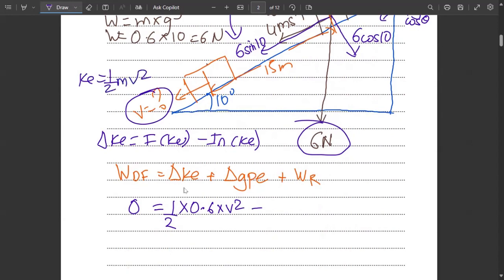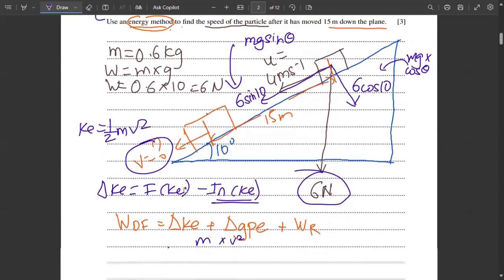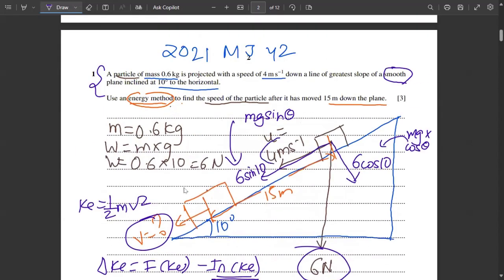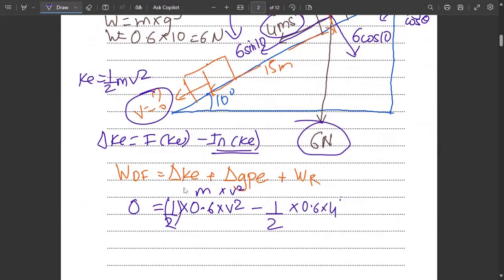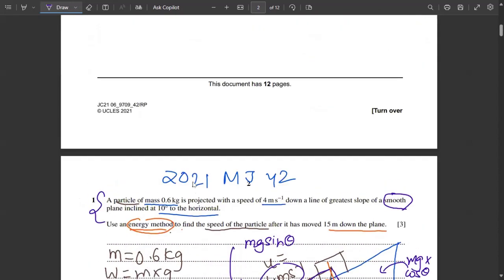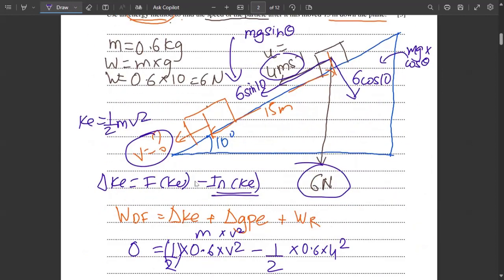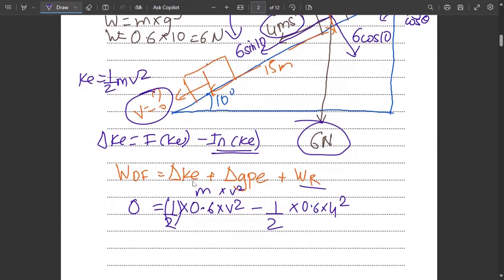So this is half, this is mass, and this is the velocity squared, minus initial kinetic energy. What was the initial kinetic energy? The initial kinetic energy will be half into 0.6 into v square, where the velocity here was 4. So 4 square. And because this is a smooth plane, there will be no resistance forces. So work done against resistance forces is 0.